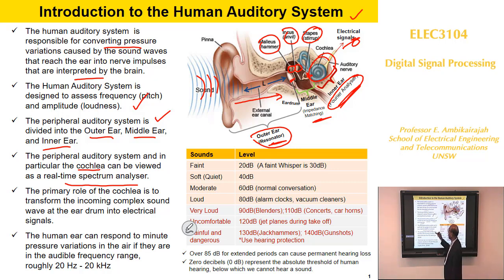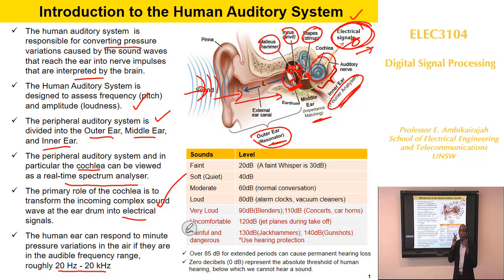So the primary role of the cochlea is to transform an input signal, which is a complex signal, not a sine wave alone, any speech waveform, any waveform, getting in here, causing the vibration of the eardrum, and then translating it into an electrical signal. So a mechanical vibration here is translated into an electrical signal that goes to the brain. A human ear can respond to variation in the frequency range of about 20 Hz to 20 kilohertz. That's the human auditory range.